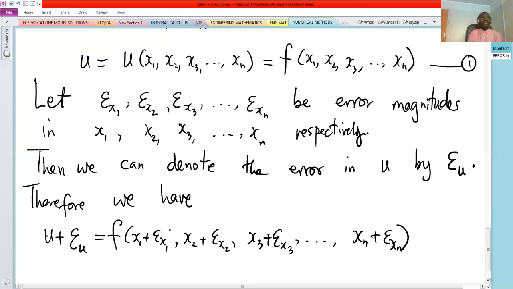So when you say the function U plus its error, it is a function of the variables x1 up to xn plus their corresponding error magnitudes. Let's call this equation 2.